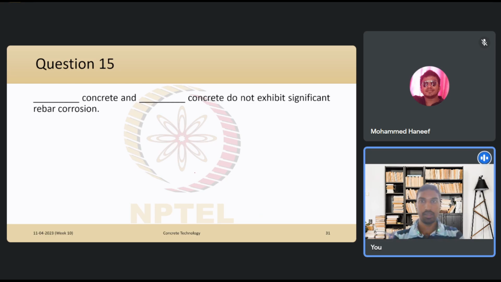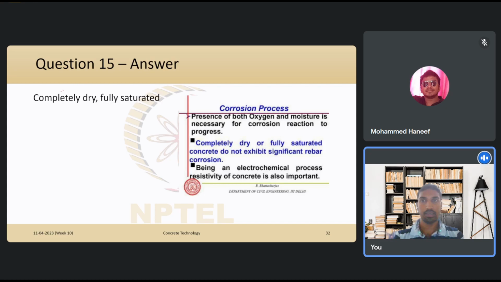Okay, so we'll look at the answer now. The right answer is completely dry and fully saturated. So in these two conditions, we will not see corrosion. Right? So why? As we saw earlier, there are two requirements for this corrosion process to occur. So let's look at it.